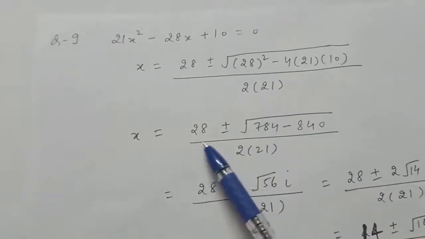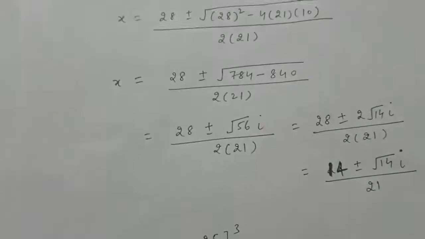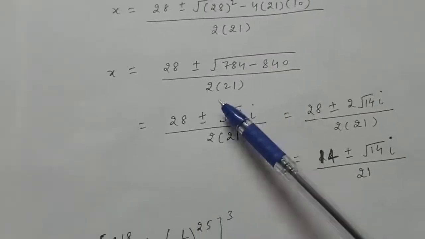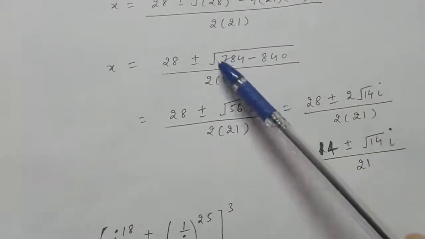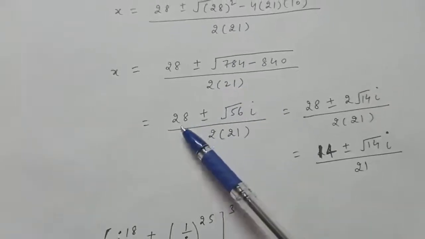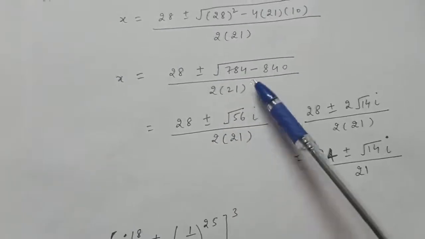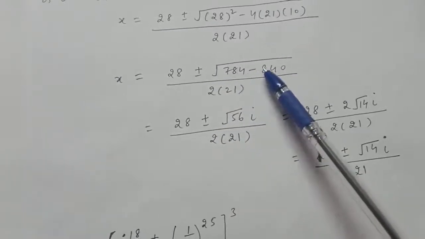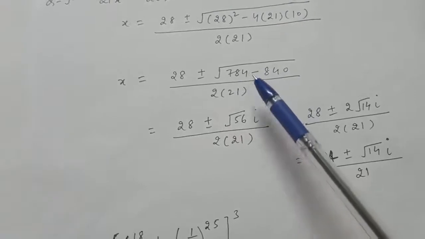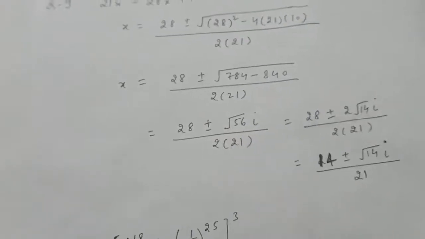So you will get 28 plus minus under root 784 minus 840, upon 2 into 21. So this is 28 plus minus root 56 iota, because this will be minus 56 inside the root. So you can write it as root 56 iota upon 2 into 21.